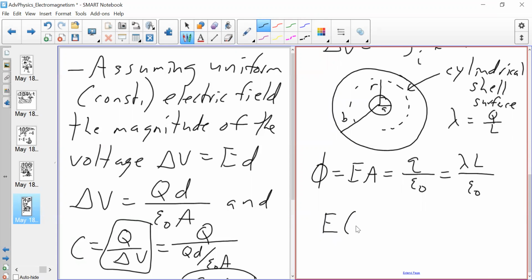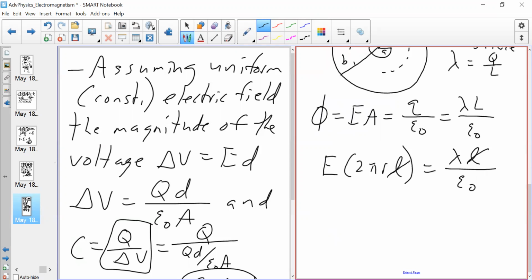The area of a cylinder is 2 pi RL, so E times 2 pi RL equals lambda L over epsilon naught. So the L goes away. And then we get our electric field at radius R at that point is going to be lambda over 2 pi R epsilon naught. That's the part they waved over.